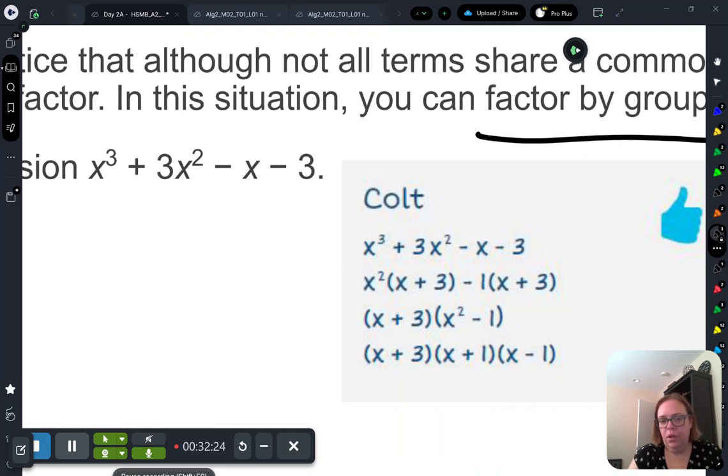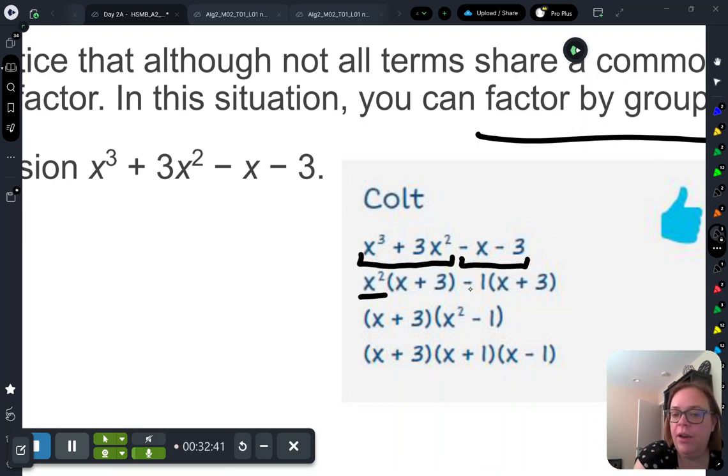What we're going to do is we're going to pull out a GCF from each pair. So from the first pair, it was an x squared, and we're left with x plus 3. From the second pair, you can take out a -1, and you're left with an x plus 3. Notice that each of them have an x plus 3.